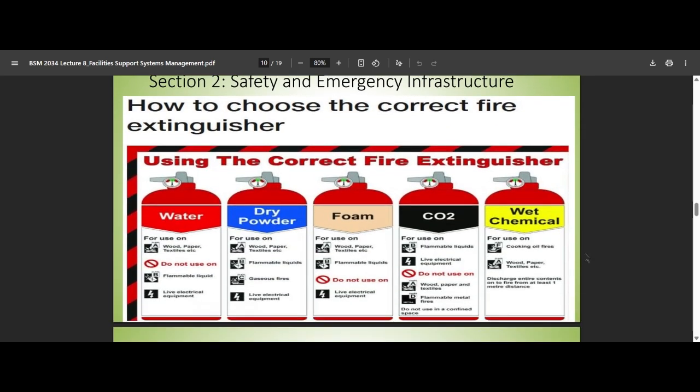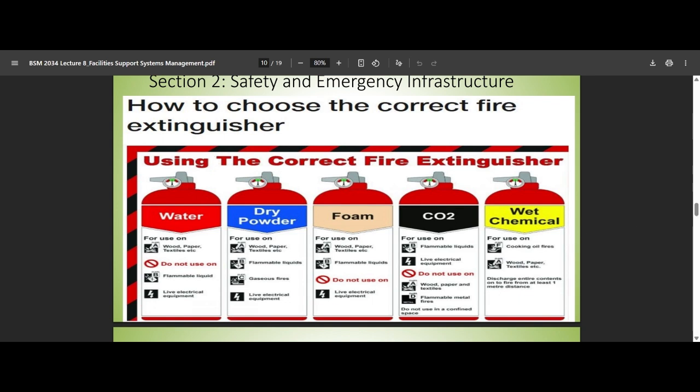We're still in section 2. Now, same thing, but in a diagram form so that it's easier for us to understand. Okay, now, how to choose the correct fire extinguisher?